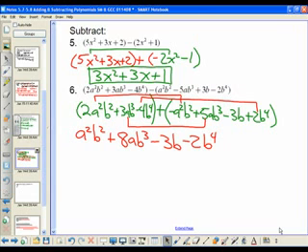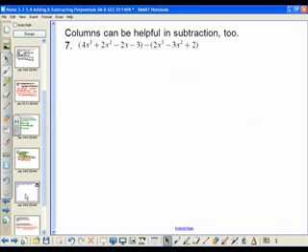Now we are also going to do some of these by column method. Columns are useful for subtraction too. But you got to take that additive inverse first. So we do our inverse. So I get 4x cubed plus 2x squared minus 2x minus 3. That's the first part. It doesn't change.